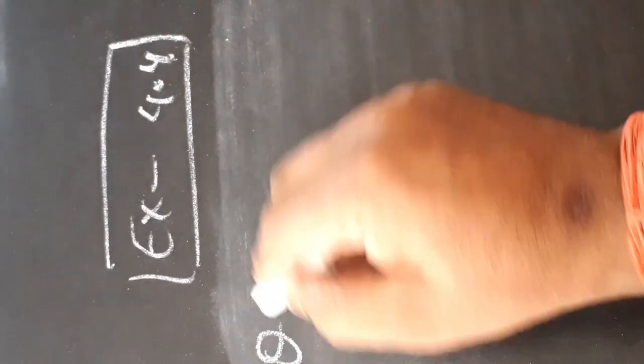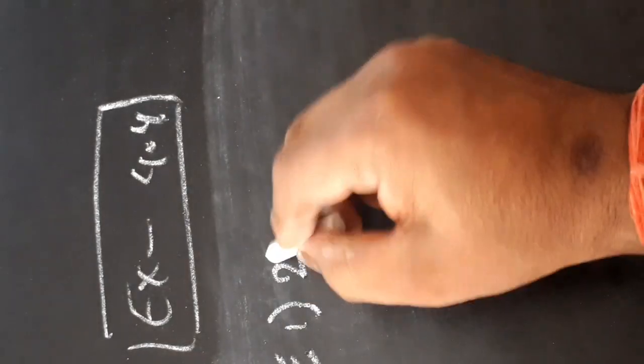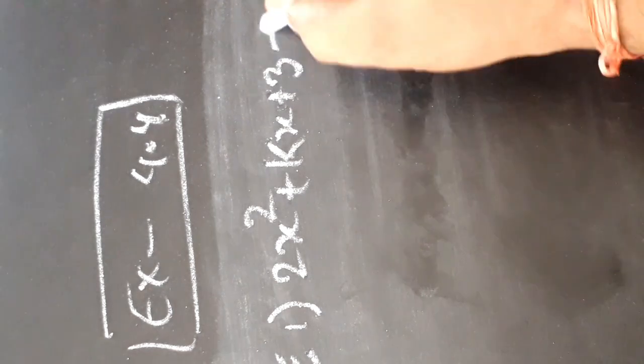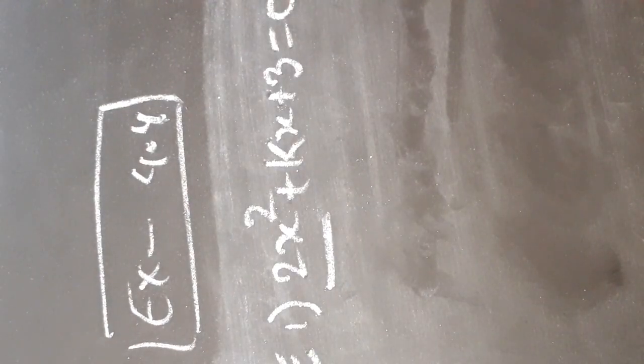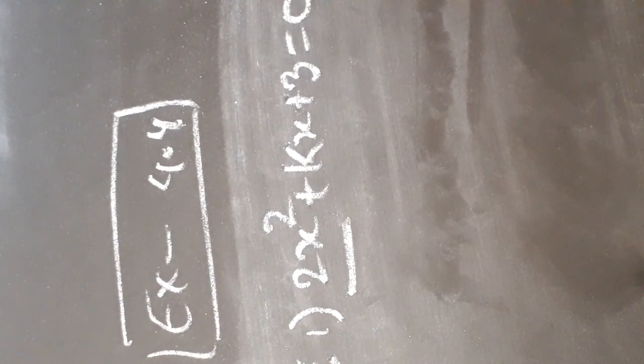In question number 2, the question states: find the value of k for each of the following quadratic equations so that they have two equal roots. We have the first equation 2x² + kx + 3. It is given that roots are real and equal.